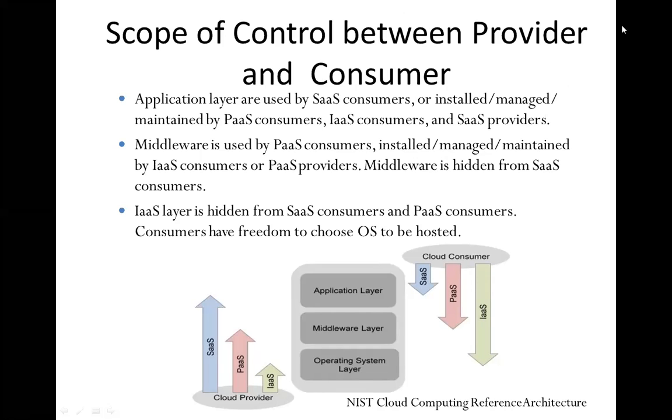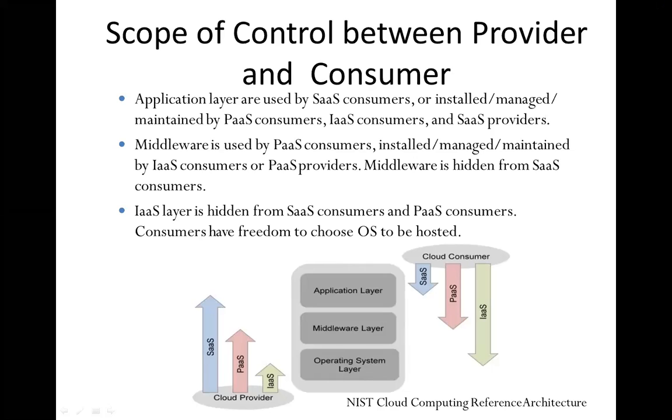Now next is scope and control between provider and consumer. The application layer is used by the SaaS consumer or installed and managed by the PaaS consumer, IaaS consumer and SaaS providers. Basically, application layers are used by the SaaS consumer or installed, managed and maintained by the PaaS consumer, IaaS consumer and SaaS providers.